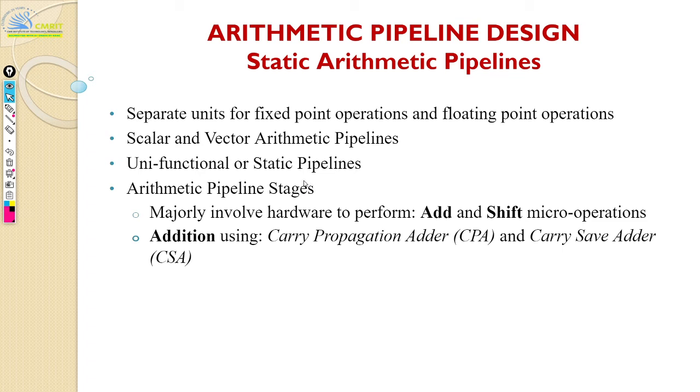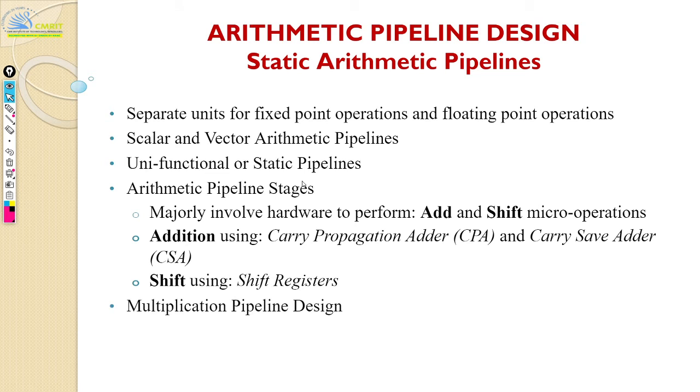Addition is just a simple logic, right? But in any case, you also have to use shift register, and this is especially useful when you have to do multiplication. So mainly addition and shifting are the two main operations that you can use to implement any arithmetic operation.